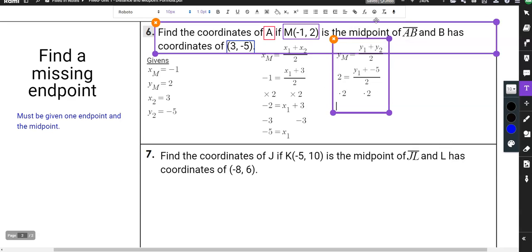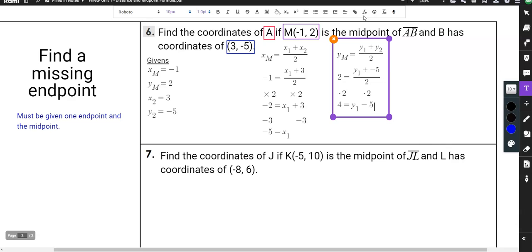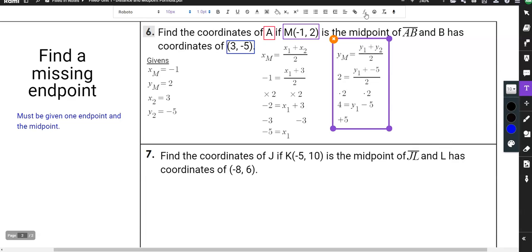So 2 times 2 is going to be 4, and that's going to be equal to y sub 1 minus 5, because plus negative 5 is minus 5. Then I'm going to add 5 to both sides.